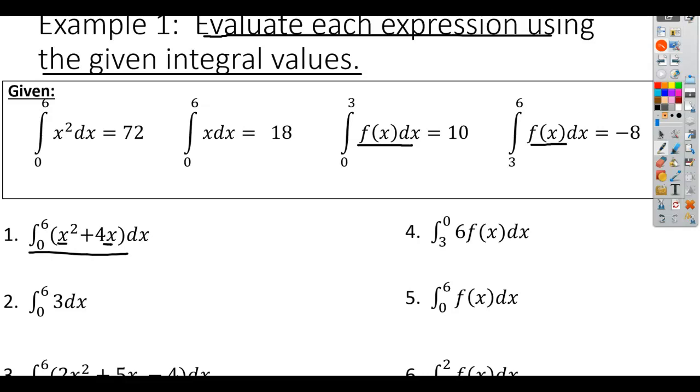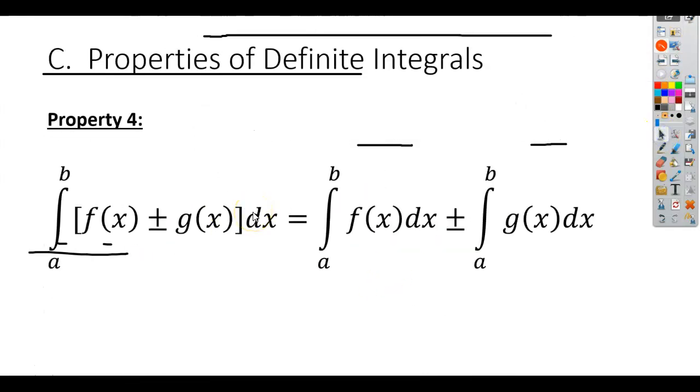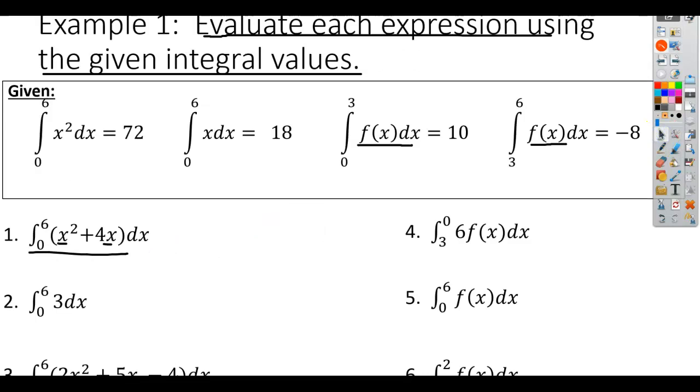Okay? So the first property I want to use here is property 4. According to property 4, if you have two functions that are being added together, you could split them up, right?